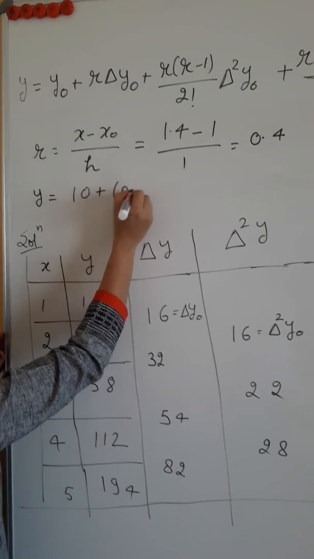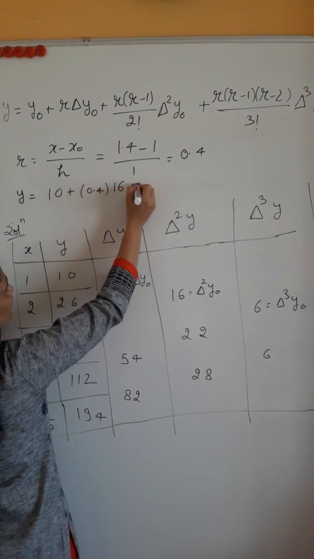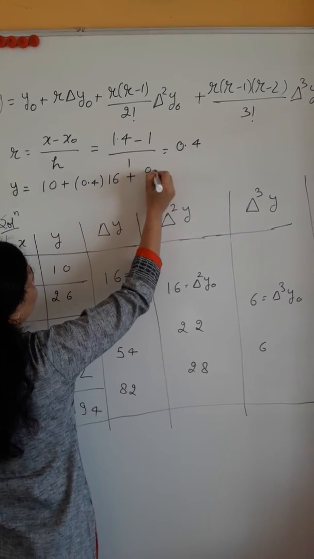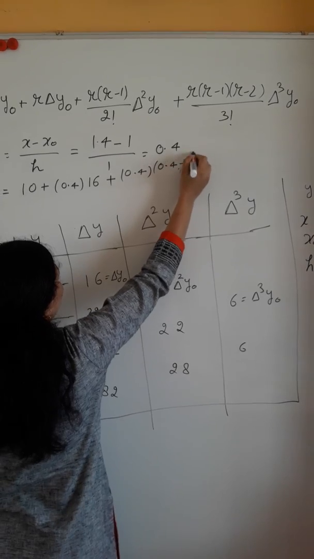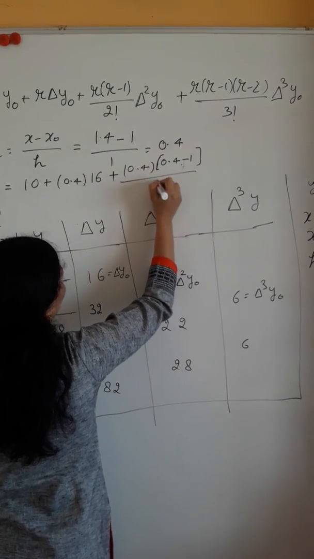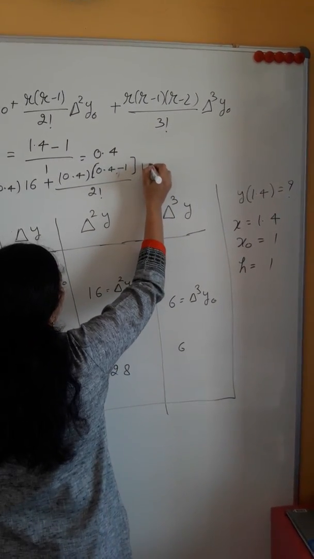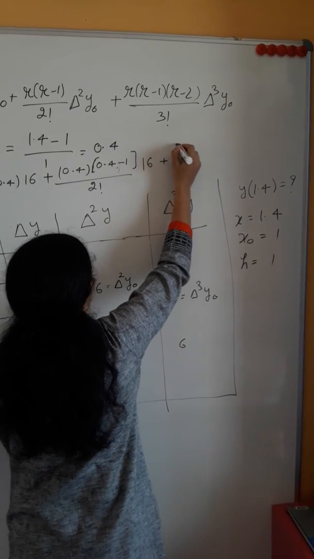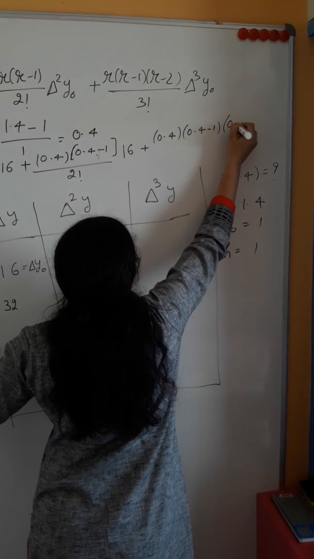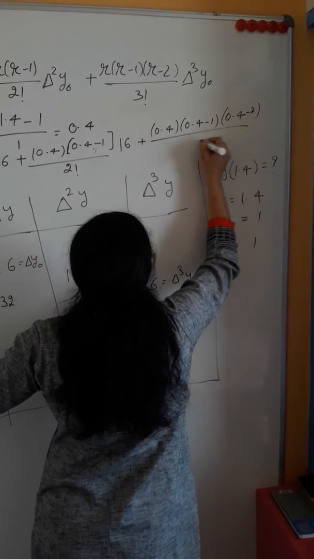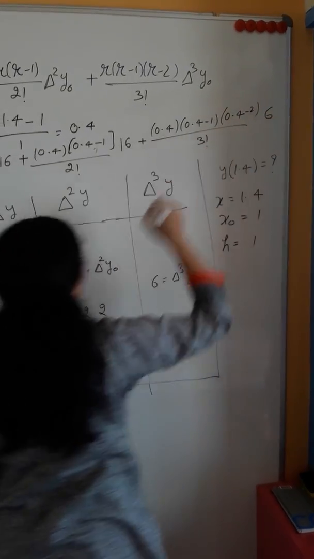What is r? 0.4 into delta y naught, this is delta y naught, 16, plus r, that is again 0.4, into 0.4 minus 1 by factorial 2, delta square y naught, that is again 16, plus 0.4 into 0.4 minus 1 into 0.4 minus 2 by factorial 3, and last delta cube y naught is 6. We have substituted these values.